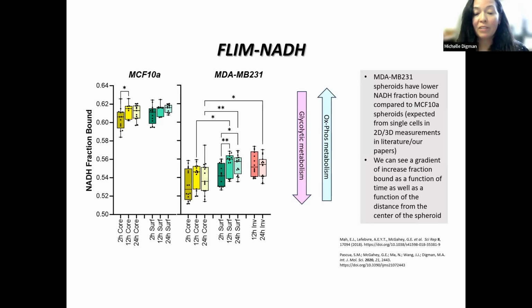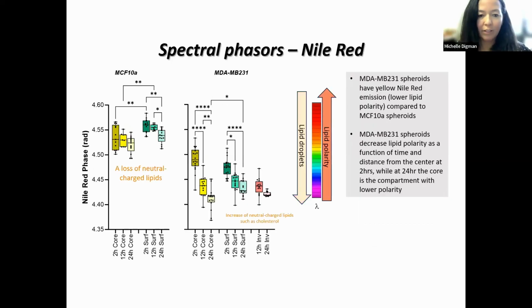In the FLIM NADH image, you see that MCF10A cells have a higher fraction of NADH that's bound compared to MB231s that have more free NADH. But as they start to migrate out and invade into the material, you see that their OXPHOS state goes up, similar to what we saw earlier.